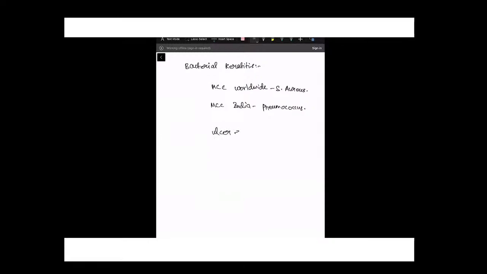Ulcus serpens or hypopyon in a corneal ulcer is mainly going to be a pneumococcal ulcer.